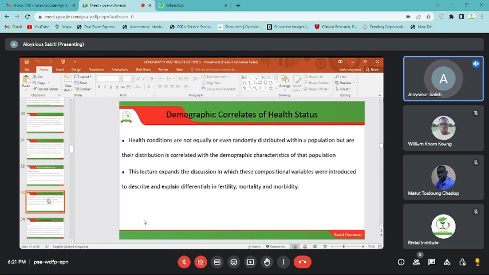So we want to expand the discussion on how these demographic variables influence the aspects of fertility, mortality, and morbidity in that particular population.